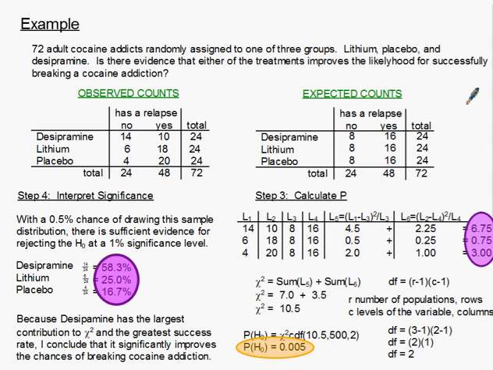And we can conclude that because desipramine has the largest contribution, this 6.75, to the chi-squared test, and the greatest success rate, 58.3%, I conclude that it significantly improves the chances of breaking cocaine addiction, more than the other ones. We have to look at the component of the chi-squared and the comparisons here to make that conclusion. That's going to be it for homogeneity of populations.